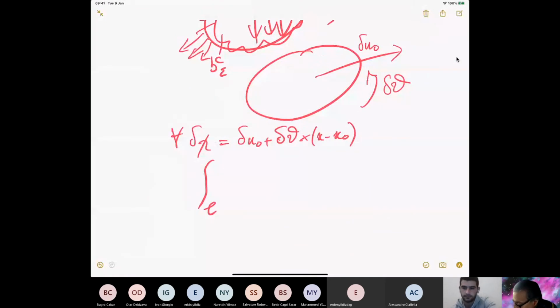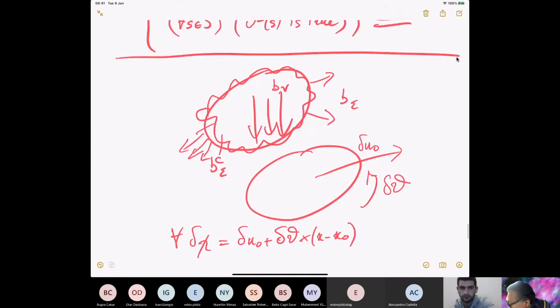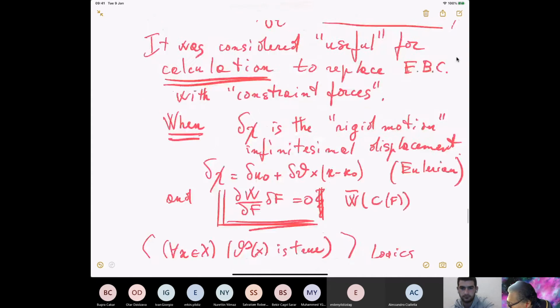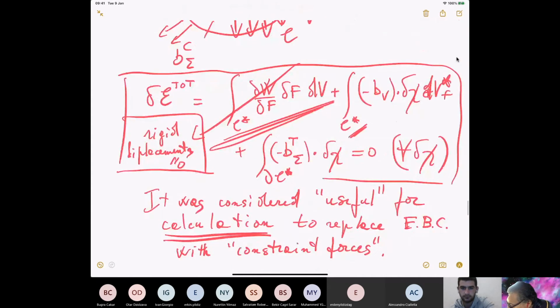I have integral of C star of B Eulerian, let's call it B tilde in the Eulerian configuration, because you must change delta V star and delta C star into delta V and delta sigma.